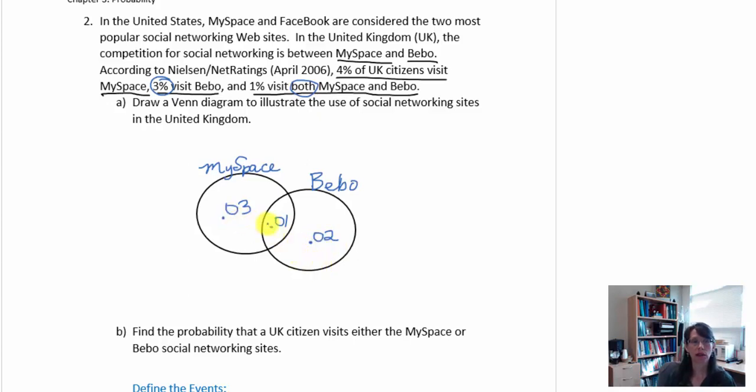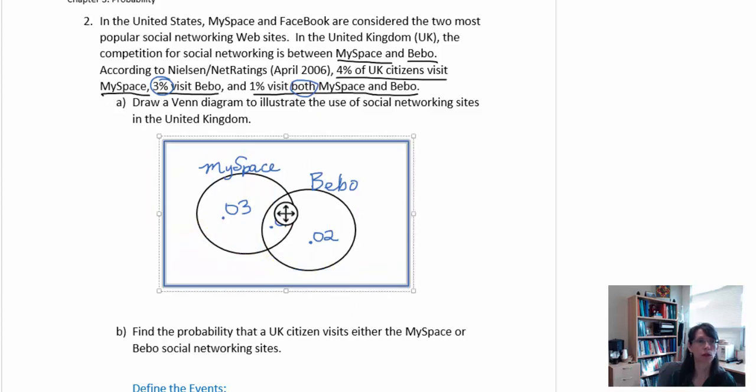Now think back to the beginning of this chapter. If I have 3%, 1%, and 2%, that does not add up to 100%. This only makes 6%. So I need some other percentage out in the universe. I'll draw the universe with a rectangle, and what's remaining would be some percentage out in the universe that would represent UK citizens that don't use either MySpace or Bebo.